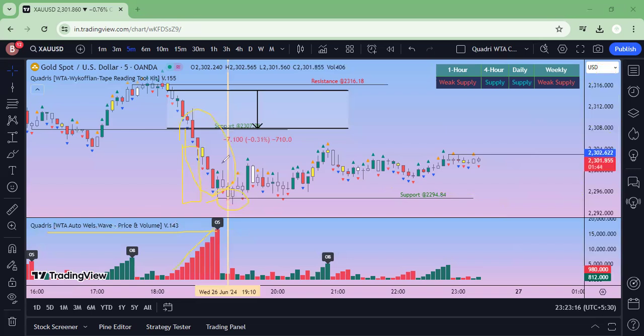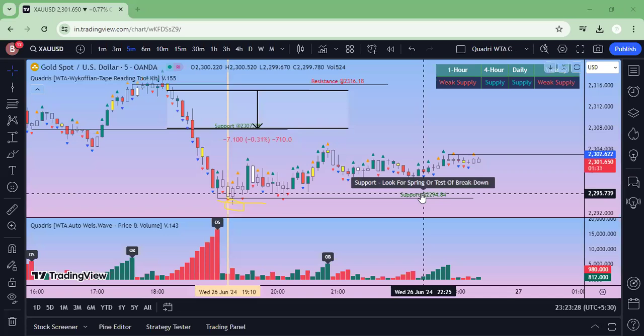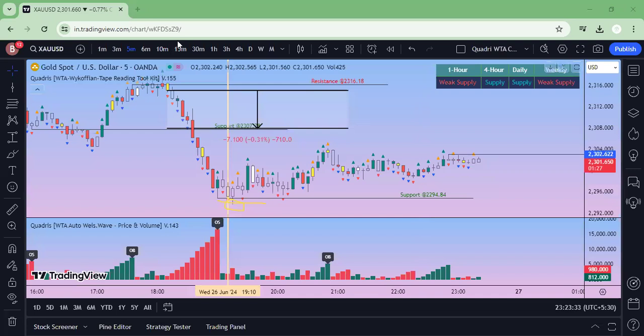But having said that, this gives me an opportunity. Either this spring is valid, because again, if you hover your mouse over this one, it will say look for a spring or test of a breakdown. So if a test of a breakdown has to happen after so much pressure or so much supply, then price would have gone this way, and then I would have shorted at this particular point.